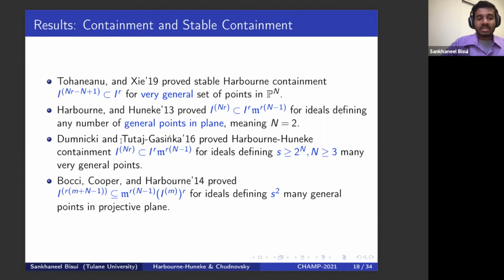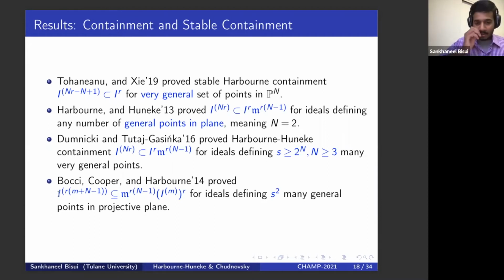Later on, Dumnicki and Tutaj-Gasińska proved that the Harbourne-Huneke containment, meaning I symbolic power nr sits inside I^r times M^(rn minus r), holds for ideals defining at least 2 to the power n many very general points.